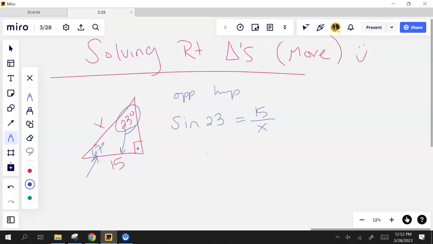This is, I don't have this side, right? But this side was given to me. So I look at what was given and what I need. And those two sides are the opposite and hypotenuse. So the easiest trig function I know, I could have done cosecant, but you always want to stick with the basics for this, so it makes it easier. But now the question is, how do I solve that for x?